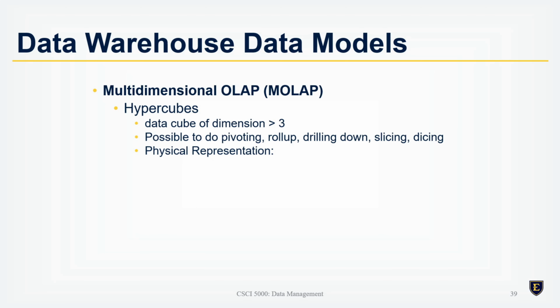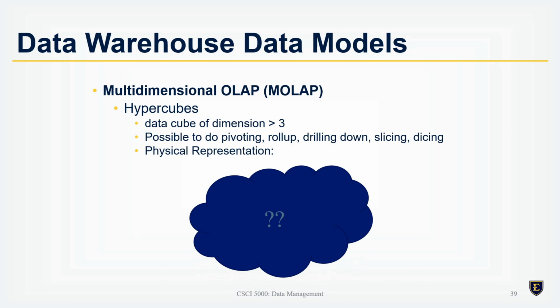We don't really know. There's not a good way to represent a hypercube. So this is kind of an overview of the layout of data warehouses. The thing that we will focus on in this class much more is the star schema and the snowflake schema, but we will also look at doing some cube operations using roll-ups specifically in the next set of videos.